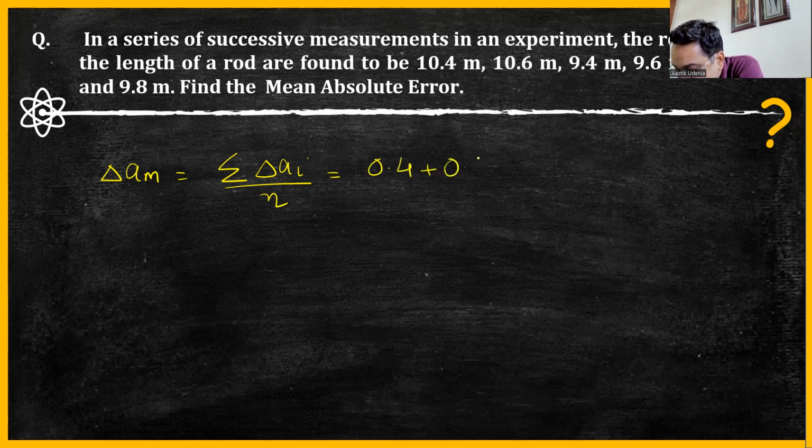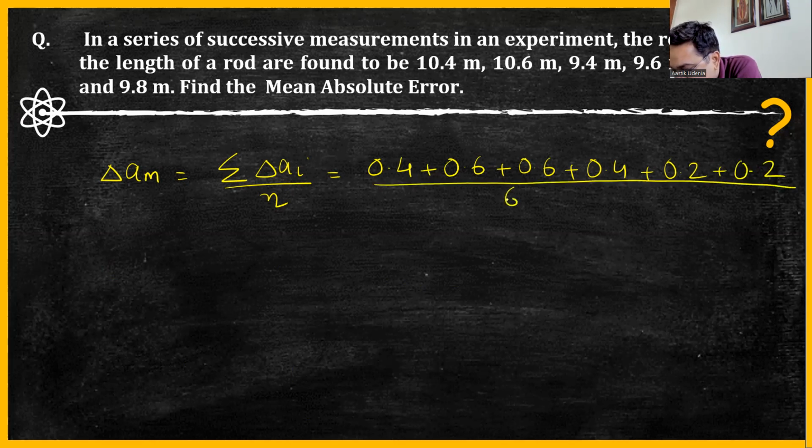0.4 plus 0.6 plus 0.6 plus 0.4 plus 0.2 plus 0.2 divided by 6. How much are you getting? 0.4, sir.